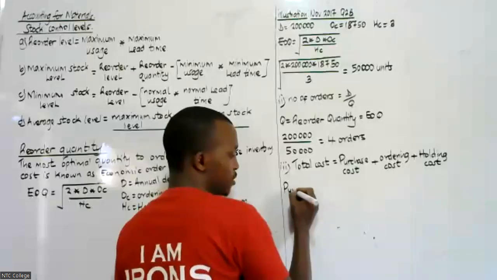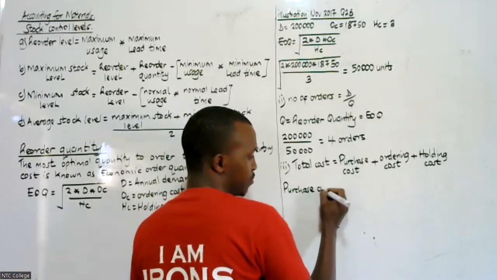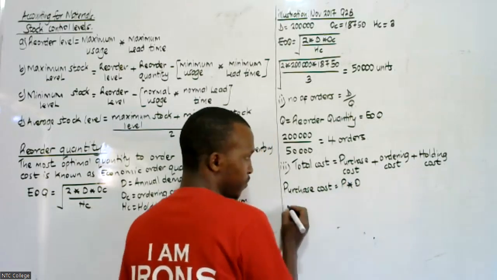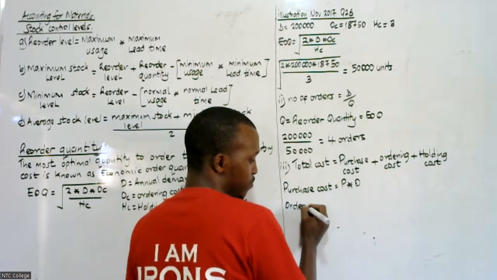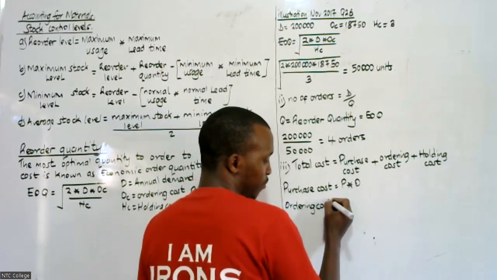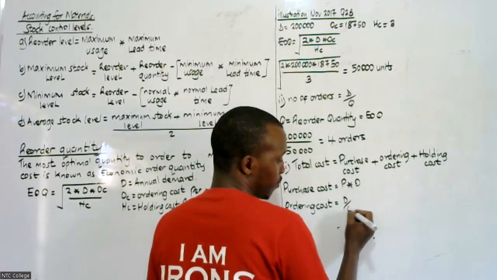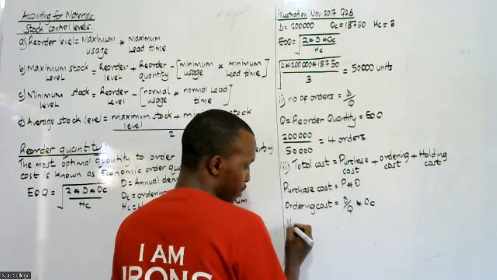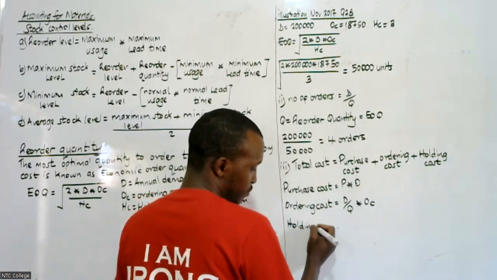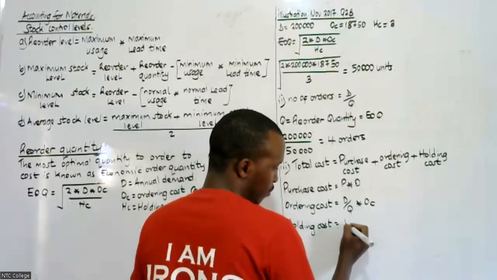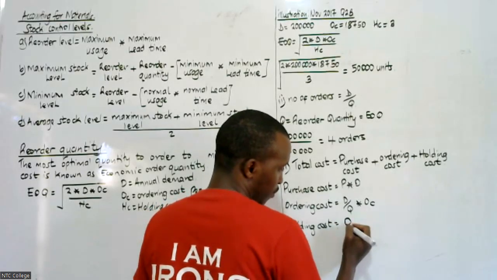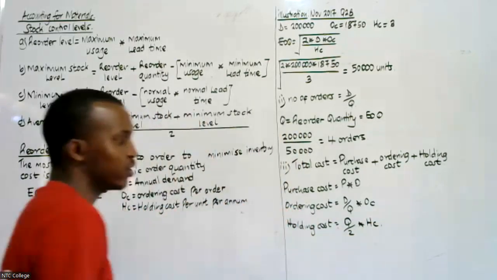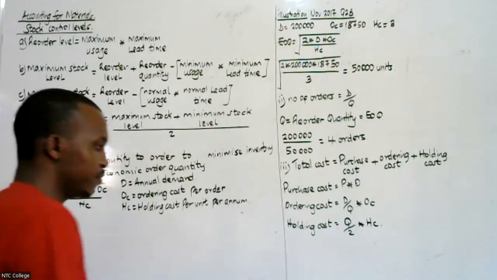The purchase cost is normally calculated by P times D. Ordering cost, holding cost, that is how you calculate those, right? That is how you calculate those.